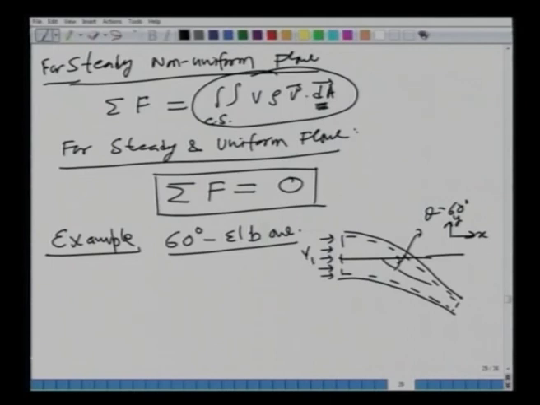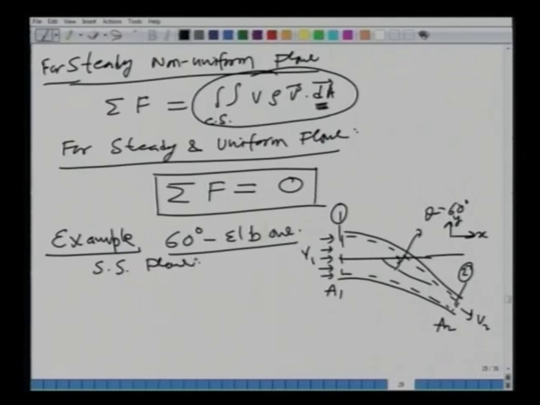Let us say this is v1 here, and the water comes out with the velocity v2 here, and the cross sectional area of this elbow here is A1. Let me define this as cross section 1, this is cross section 2, and this is A2. So, flow is taking place under steady state condition.